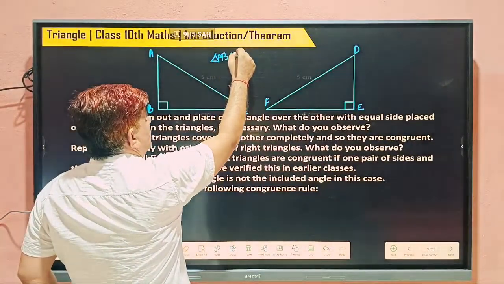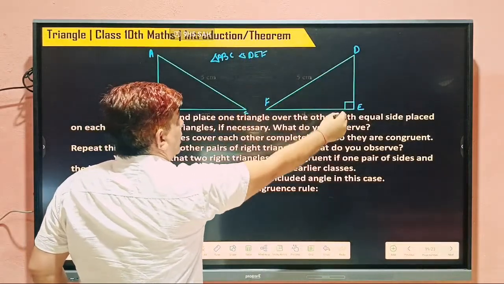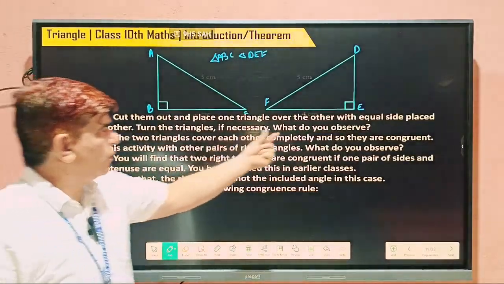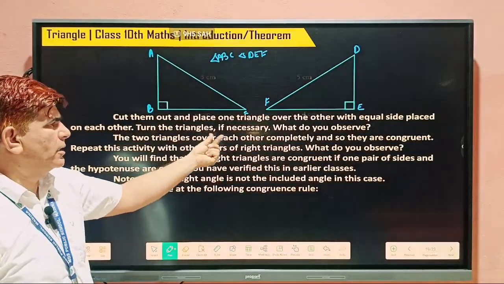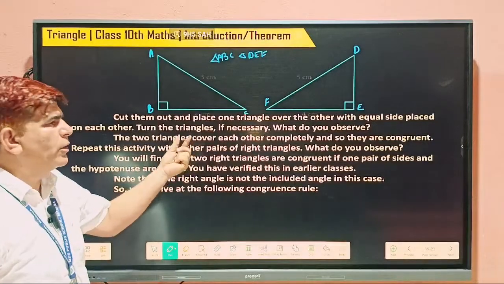ABC on which triangle? DEF. So both covered with each other. Equal sides placed on each other, turn the triangles if necessary. What do you observe? Then two triangles cover each other.